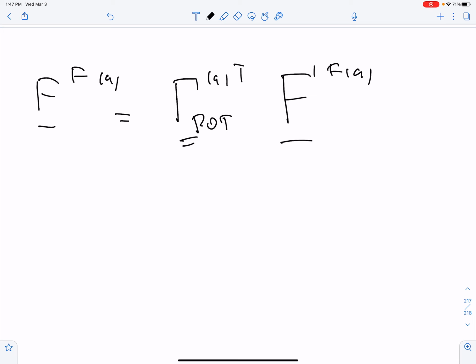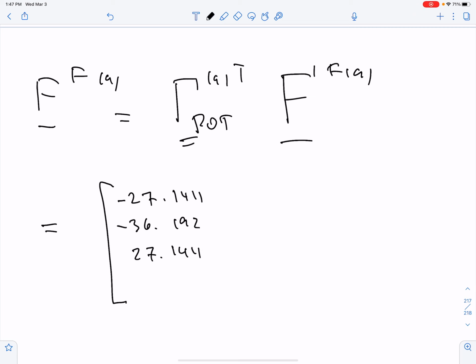If we do the calculation, we get minus 27.144, 36.192 minus, and then positive 27.144 and 36.192. So this is what this product will give you.